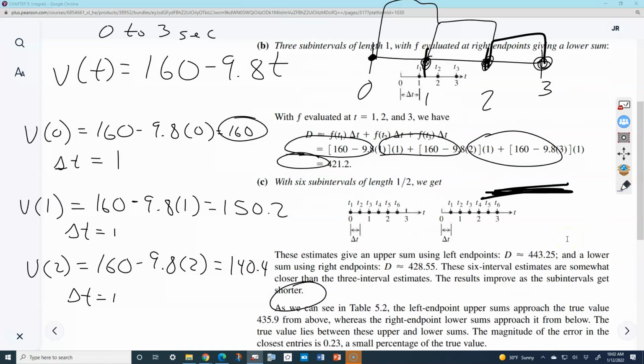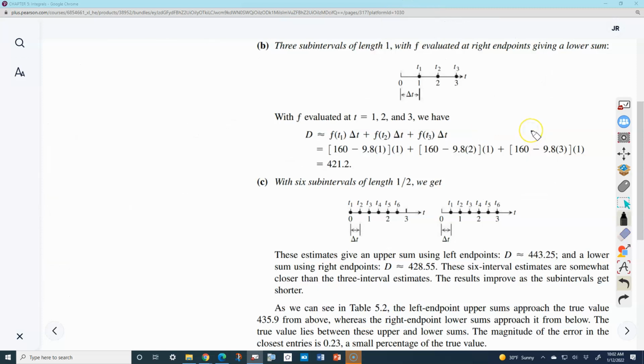So then, the next thing they're saying you could do is, instead of dividing it into 3 subintervals, you could get a better approximation by dividing it into 6 subintervals. So this time, if we divided it into 6 subintervals, I'm not going to do the whole thing, I'm just going to do enough to give you the idea.